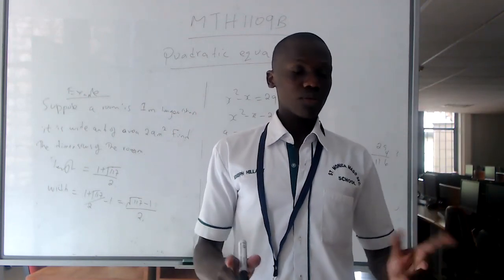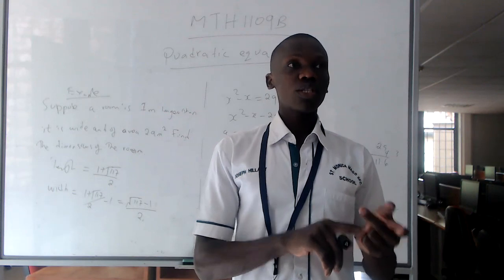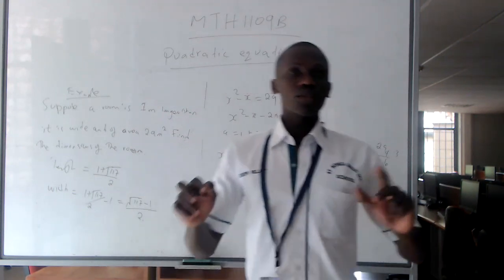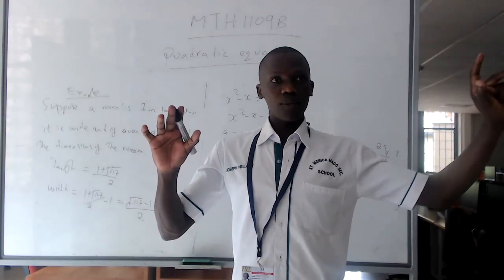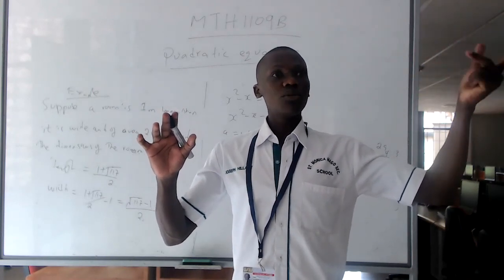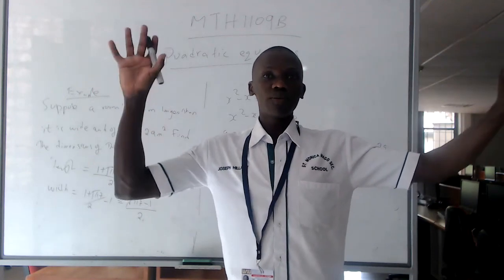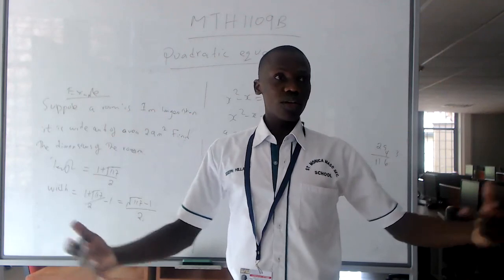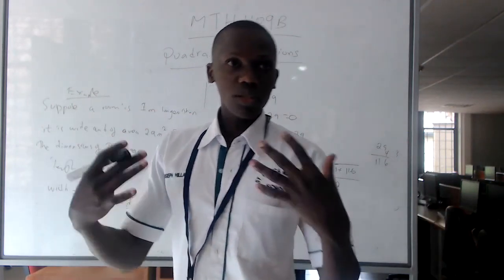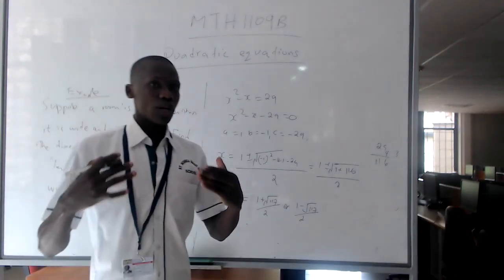The second method is completing the square, so that we are able to write one side of the equation as a complete square, which is simple to solve because you take the square root on both sides and end up with linear equations, which are very easy to solve. And lastly, we have looked at the method which is derived from the completing the square method.